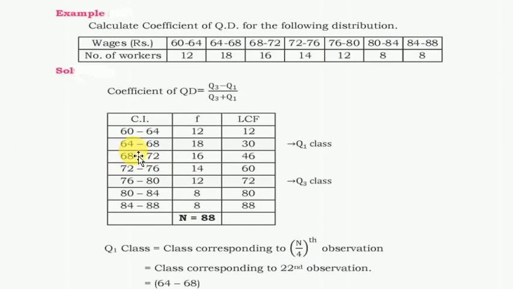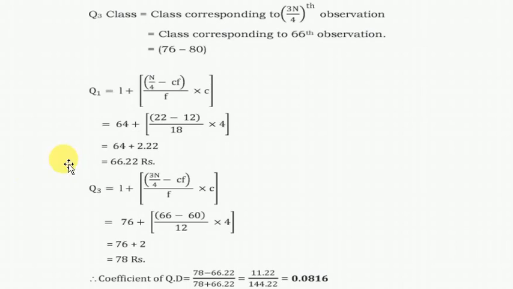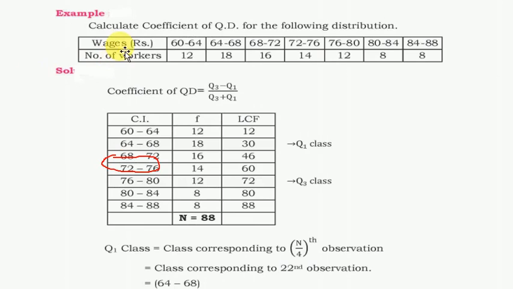It is 64 to 68. 64 to 68 means here 64, 66.22, that is the value lying among the 18, which is the Q1 class.